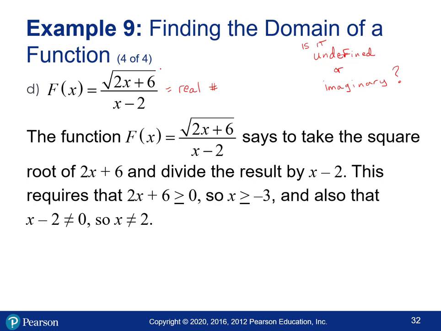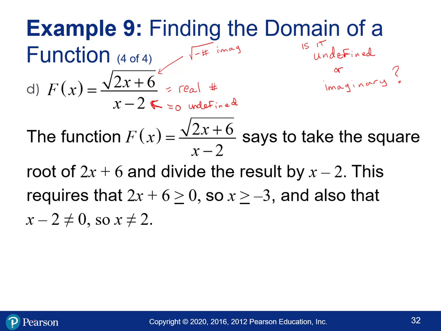We have a square root on top, and square roots could be imaginary if this is negative. So square root of something negative is imaginary. And then on bottom, we can't divide by 0. So if this is equal to 0, this is undefined.